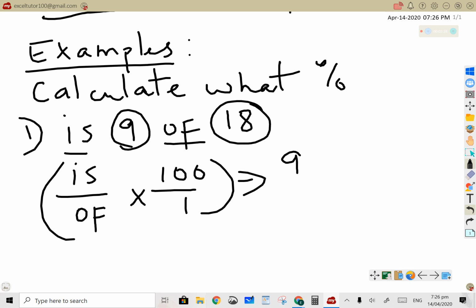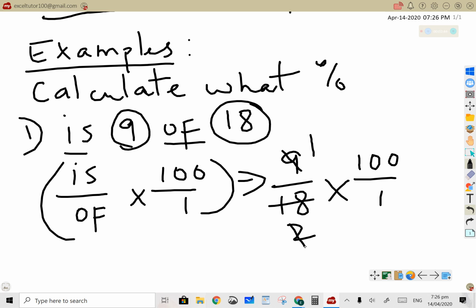So 9 will go on top, 18 will go below, and then we multiply it by 100 over 1. Then we do our cross multiplication. 9 into 9 is 1, 9 into 18 is 2, 2 into 2 is 1, 2 into 10 is 5, 2 into 0 is 0. So our answer would be 50%.